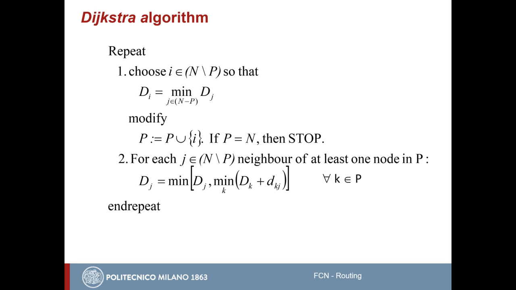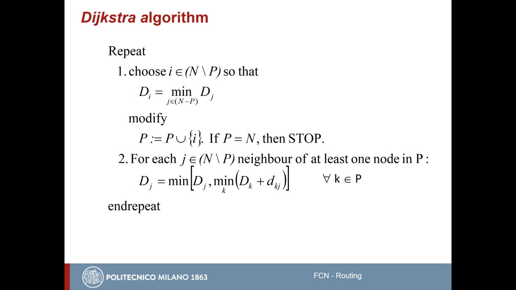And this is the pseudocode. So initially we have to take all the nodes that are not included in P, so that they are not already in the shortest path tree.